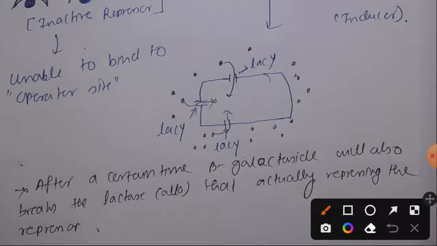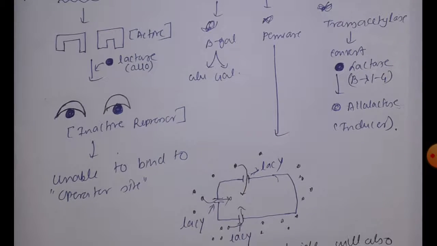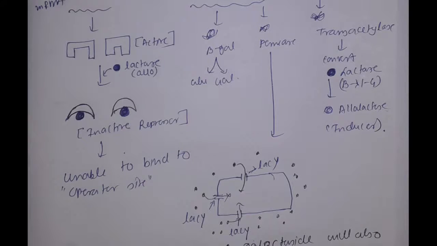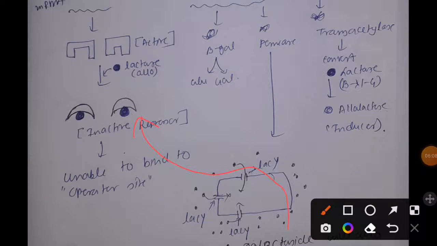Remember one thing, after a certain time when the bacteria can interpret that there is no longer lactose left in the environment, the beta-galactosidase that is usually involved in conversion of lactose into glucose and galactose also starts utilizing the allolactose, okay. As allolactose becomes degraded, this repressor again becomes active repressor, and it will bind with the operator of the structural gene, okay.